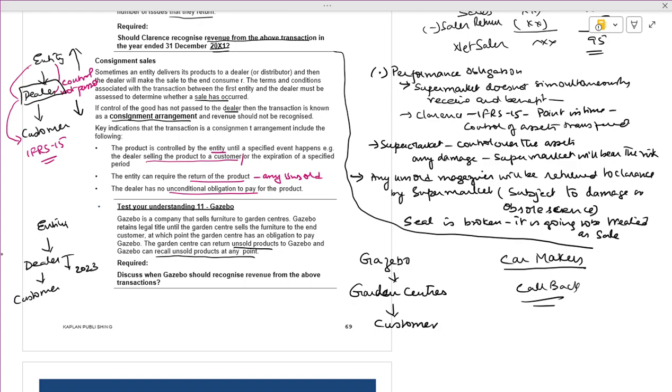The dealer has ordered the cars and the make of the car is 2020. Now they cannot return the cars to the entity. What will the dealer do? The dealer will provide some offers in terms of pricing, saying the 2020 model will get a 20% discount, and the 2023 model no discount.